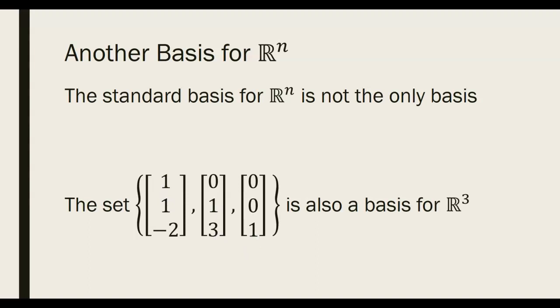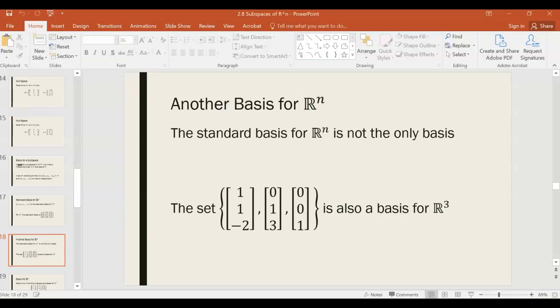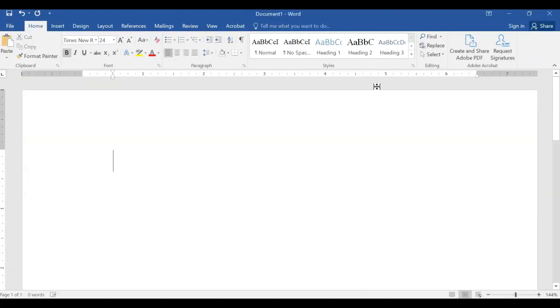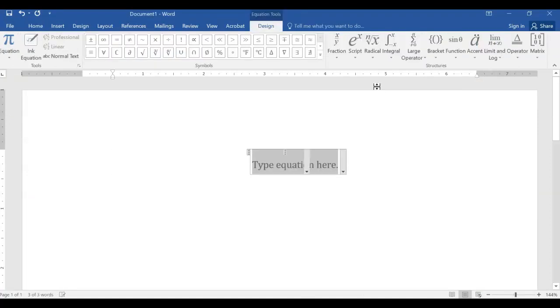Okay? The way to do that is to ask yourself what's going to happen in the equation Ax = b, where the columns of our matrix A are those vectors.